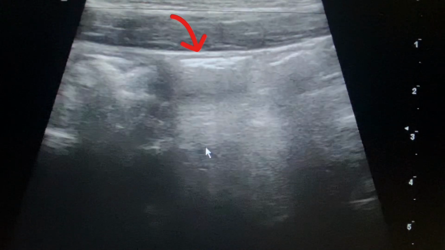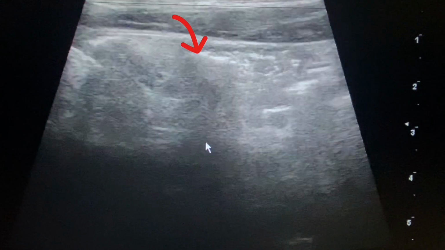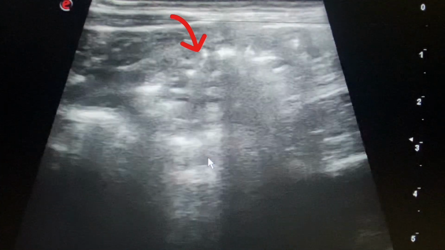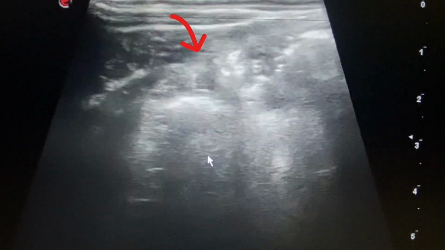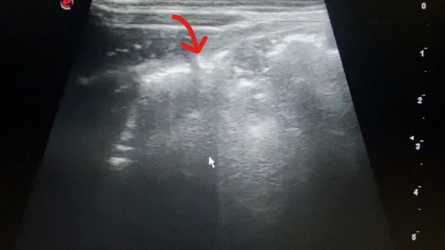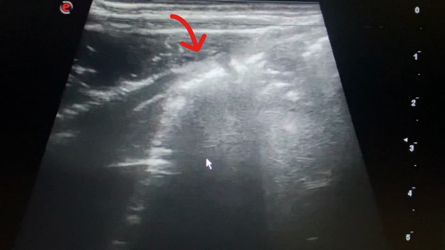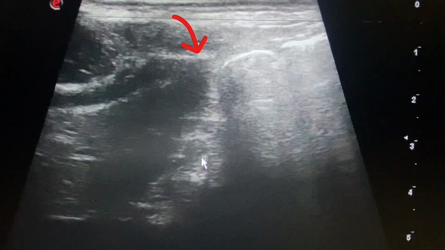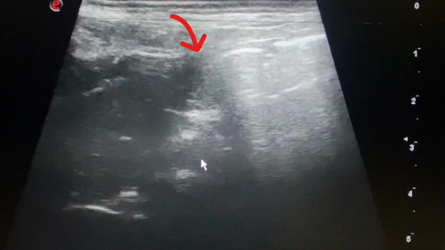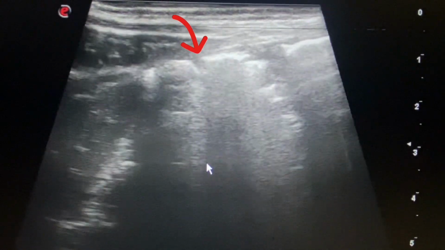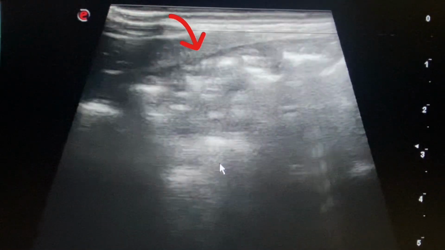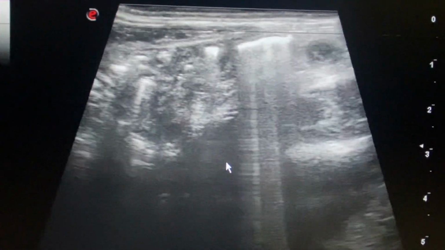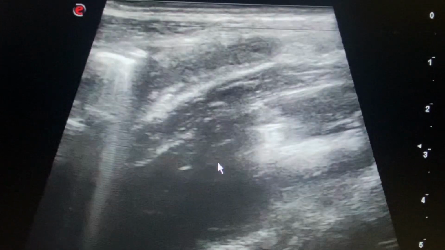This is proximal part of ascending colon, which contains gases and appears to be normal. Now how will we write the report?